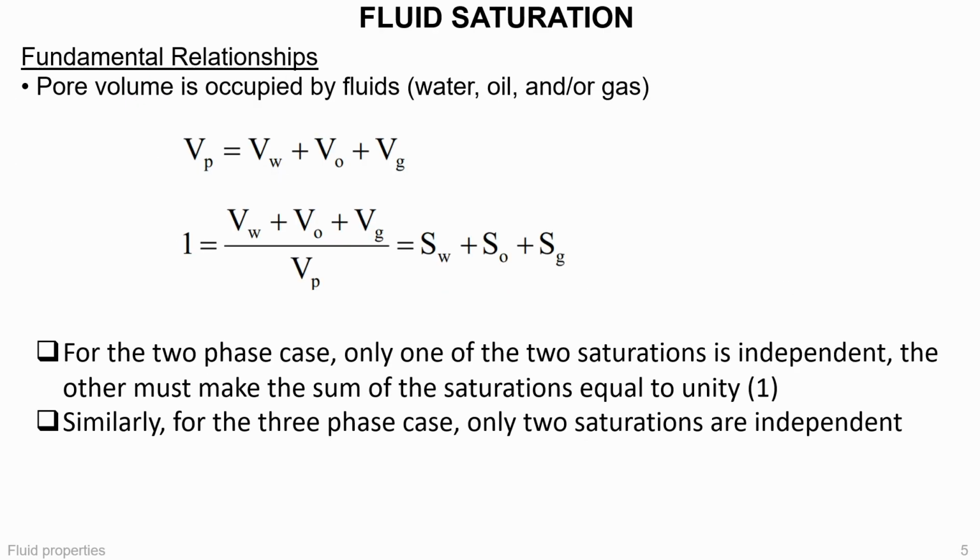This slide highlights a key mathematical relationship. Pore volume is shared by fluids, so saturations must add up. For oil-water systems, So plus Sw equals 1. For three-phase systems, So plus Sw plus Sg equals 1. This means not all saturations are independent.